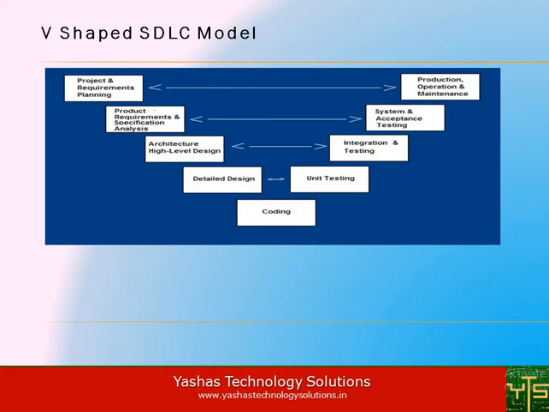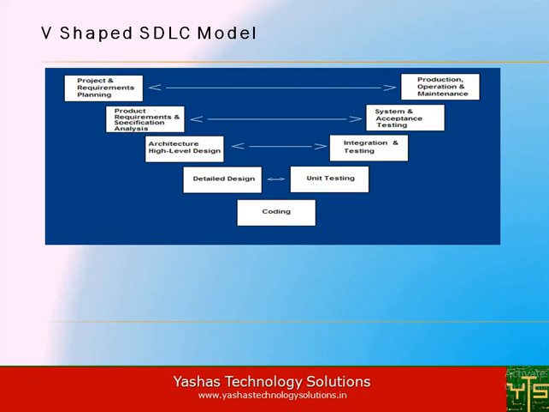The V model is an SDLC model where execution of the process happens in a sequential manner in a V shape. It is also known as the verification and validation model. The V model is an extension of the waterfall model and is based on the association of a testing phase for each corresponding development stage.